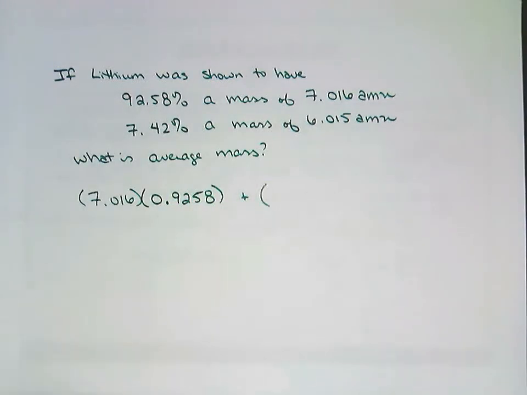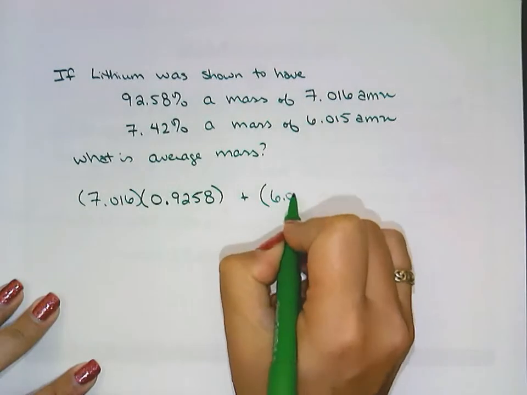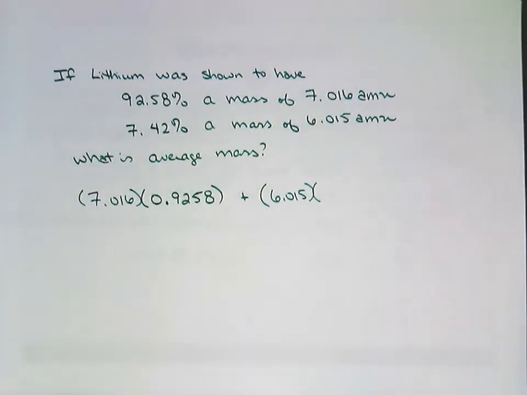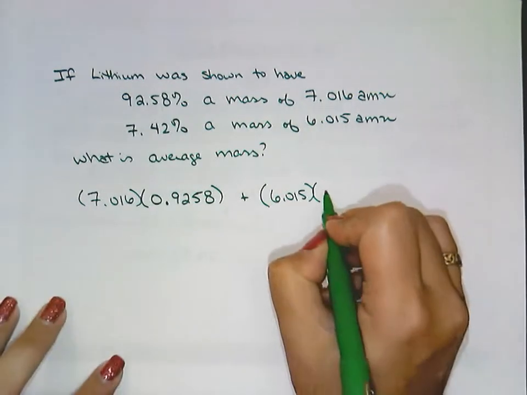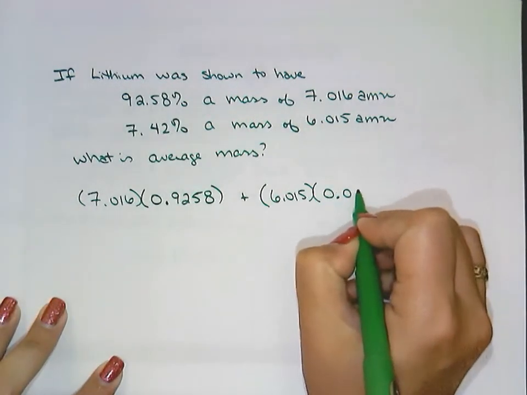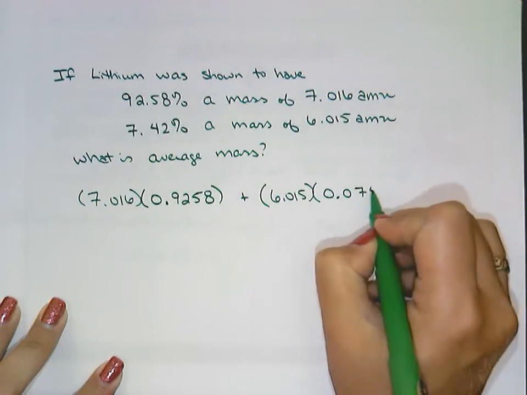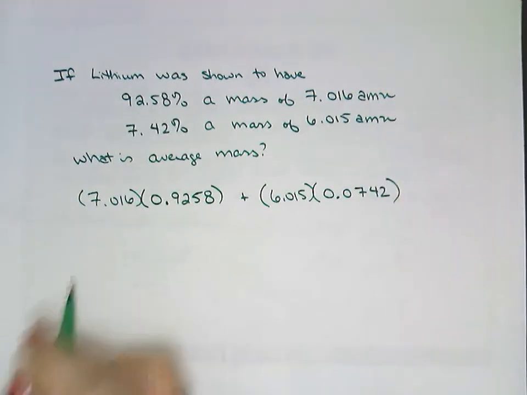Okay, so then there's my other mass. Then how do I turn the other one into a decimal? All right, so then let's see here. 1.06 times 0.0742, and 7.016 times 0.9258.